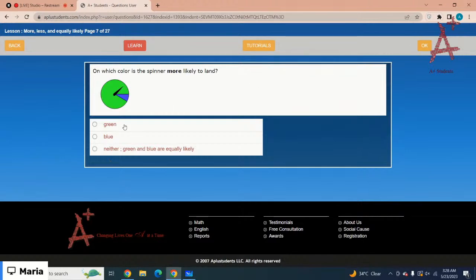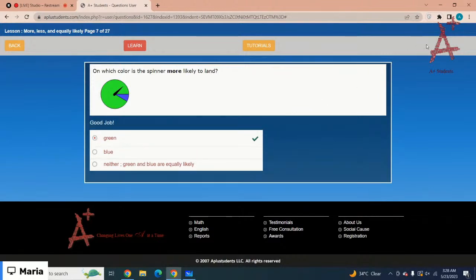So if it has more green, it will more likely land on the green color. Got it?